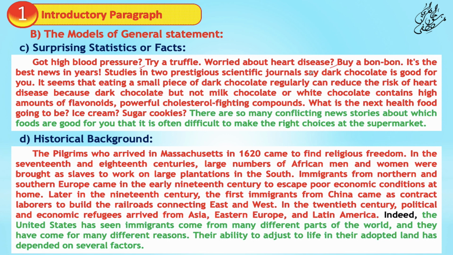When you have a specific topic addressing some issues happening in a particular time in the past, I recommend using this kind of paragraph, as this paragraph is about the early immigrants of America, showing some reasons why they immigrated at this particular time.